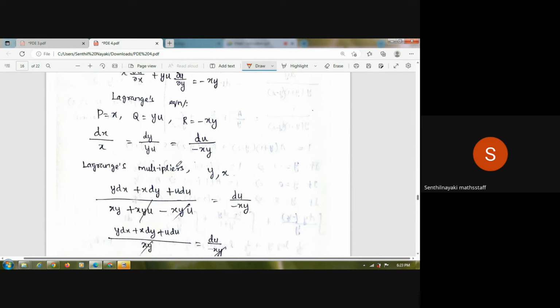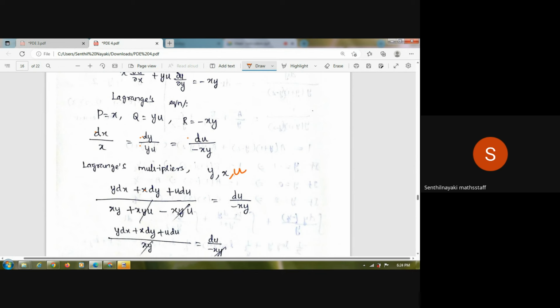Therefore the Lagrangian multipliers, in the first case, we can select y, x and u. So y here, x here, u here. Then if you multiply both the numerator and the denominator by y in the first ratio, by x in the second ratio, and by u in the third ratio, we get y dx plus x dy plus u du divided by xy plus xyu minus xyu.